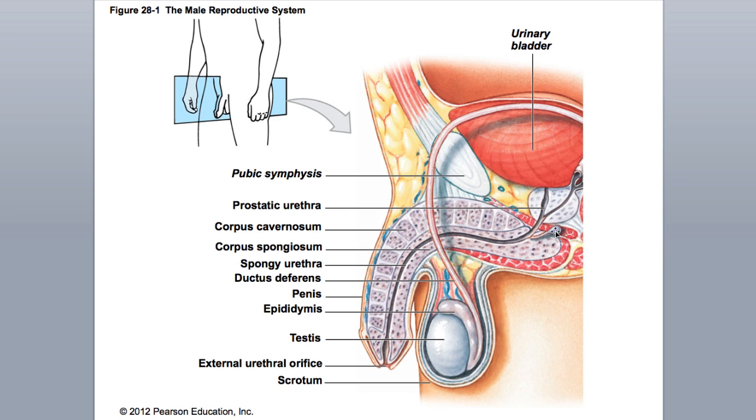So the seminal vesicle fluid, the Cowper's gland, the prostate gland, they're all three combined along with sperm. Next picture.